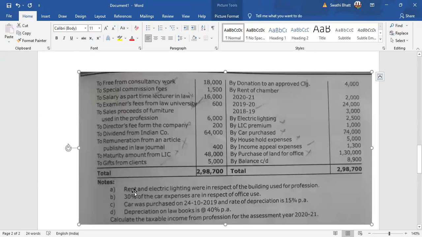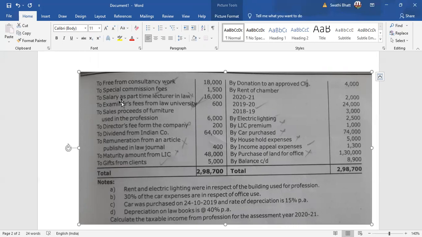The next item, the fourth item, is salary as a part-time lecturer in law college. Whatever salary he receives as a part-time lecturer is not taxable under this head. It's salary, whether part-time or full-time, it will be taxable under the head salary and not under this head.